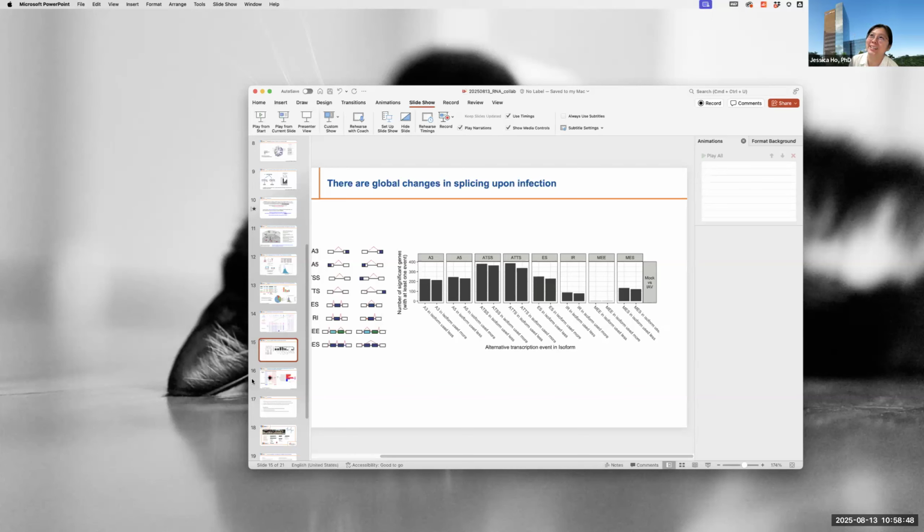I'm not too sure how we can show that with our data set though. It could be interesting. The other factor is that the virus itself also sequesters termination factors like CPSF73. So maybe part of what we're seeing is because of the virus and not directly because of changes in the host splicing machinery.